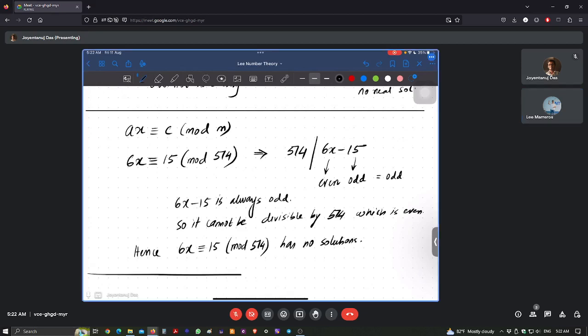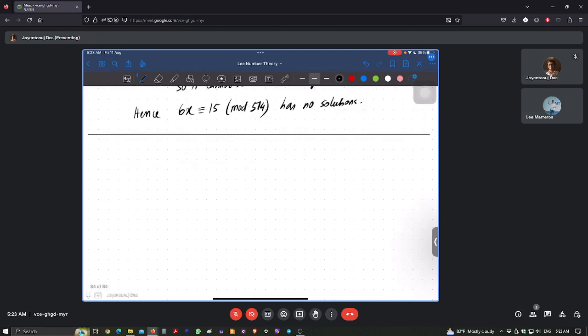Right. So let us try to see another few examples to get an idea. Suppose the next example is 18x is congruent to 8 mod 22, right?